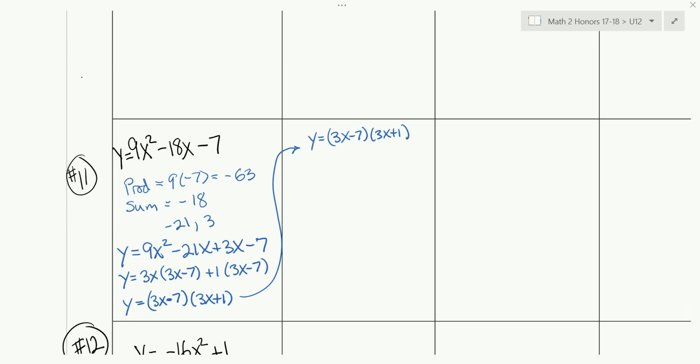So I'm just going to note that here. Y-intercept is going to be, plug in 0 for x, you're going to get negative 7. Try that out and you'll find that. For the x-intercepts, we're going to set y equal to 0.